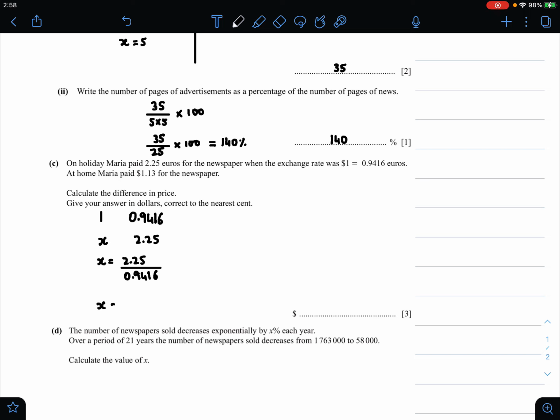You can simply put this in your calculator. So 2.25 divided by 0.9416 is equal to 2.3895497. This is the amount of dollars that she pays.